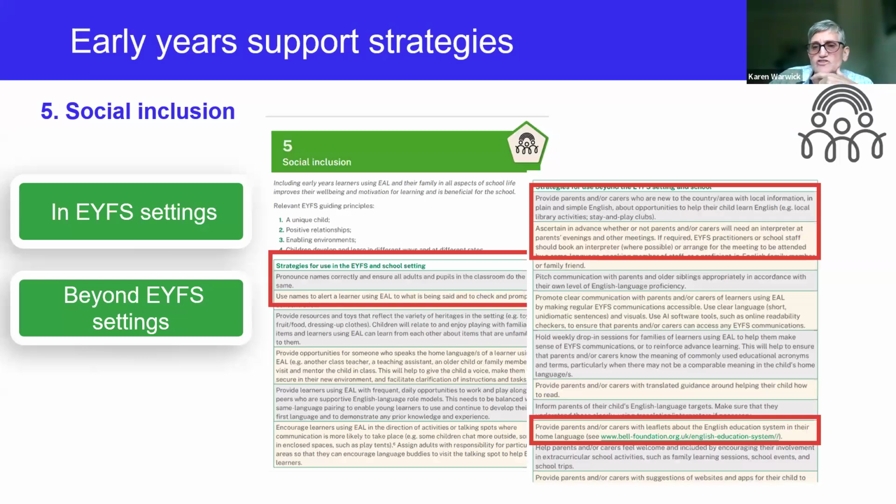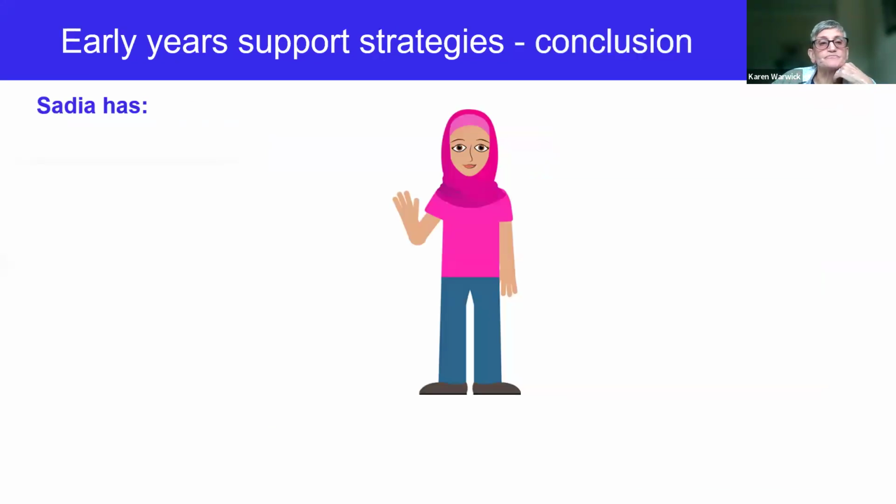So there are many suggestions like that. And again, they don't need preparation. I think they just need knowing about. And ultimately, they are conducive to a very welcoming and inclusive environment for everyone.